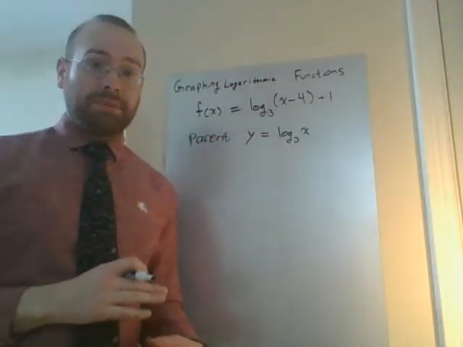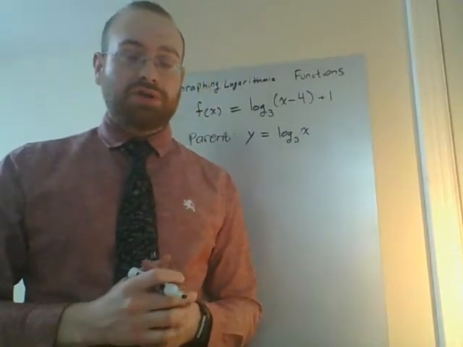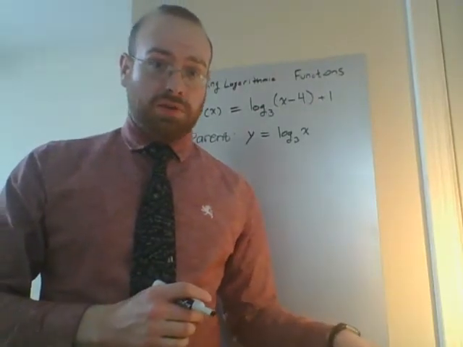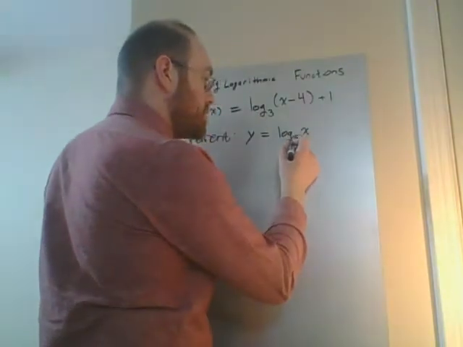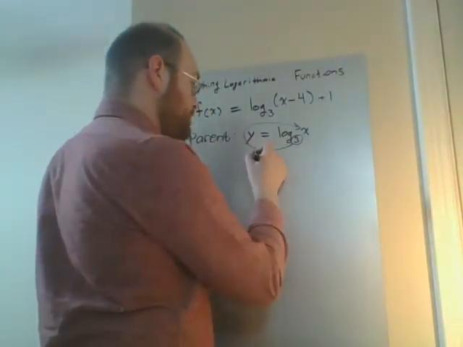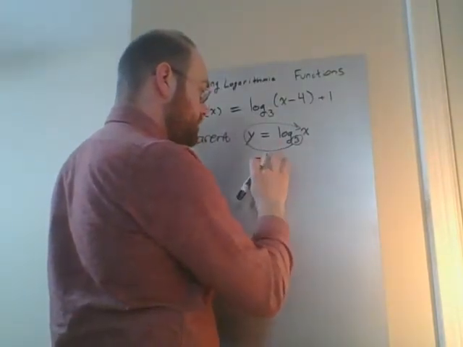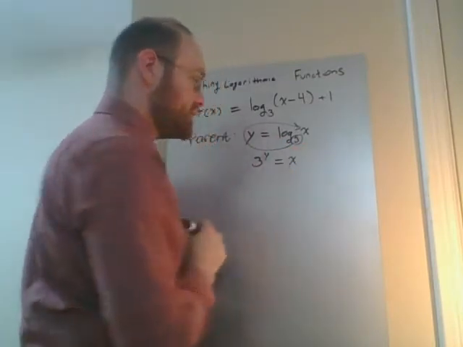The extra step that we're going to take to graph a logarithmic function is to transform this into exponential form. So I'm going to circle our base, spiral around, and in exponential form, our function is 3 to the power of y equals x.